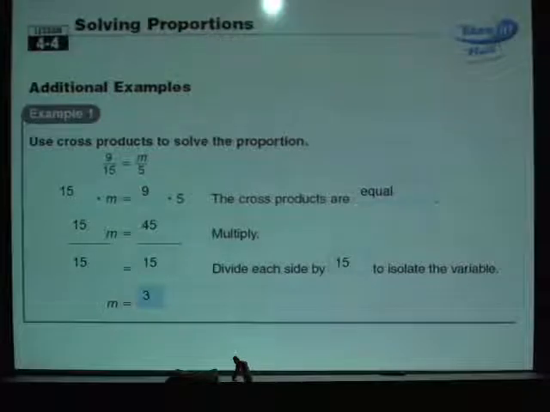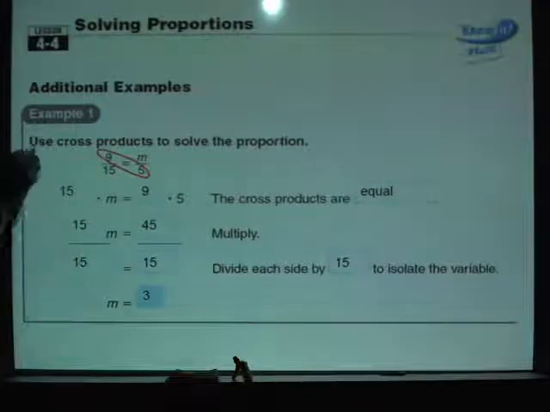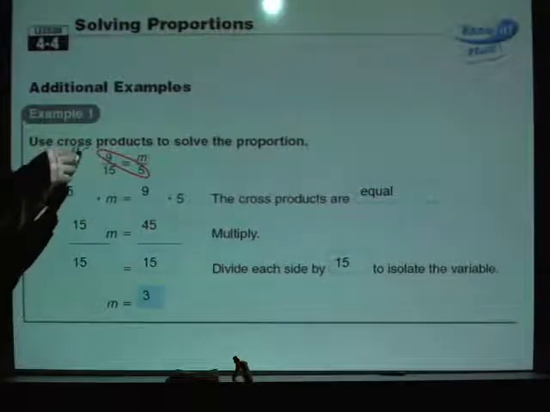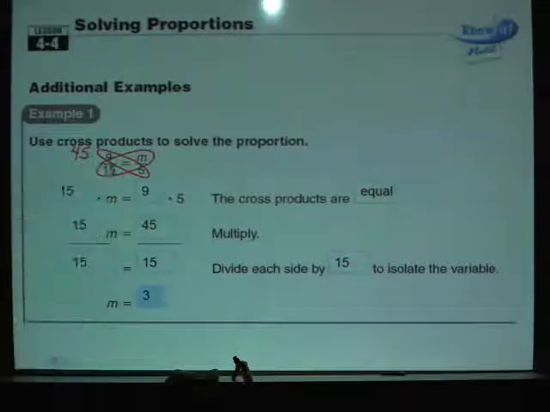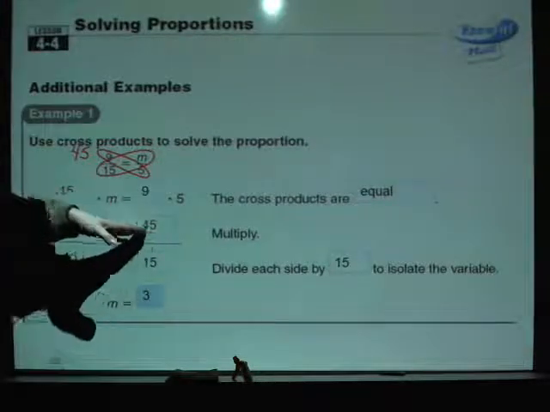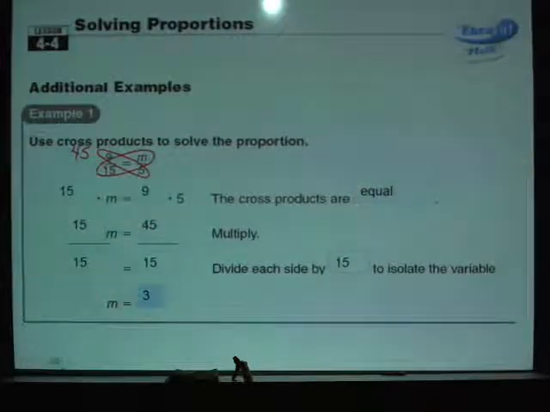So, on the diagonal of 9 and 5, the result is 45. So what has to be true is that when I go for the other diagonal, the result also has to be 45. So 15 times m has to equal 45, which is the work you can see shown here on the first two lines.